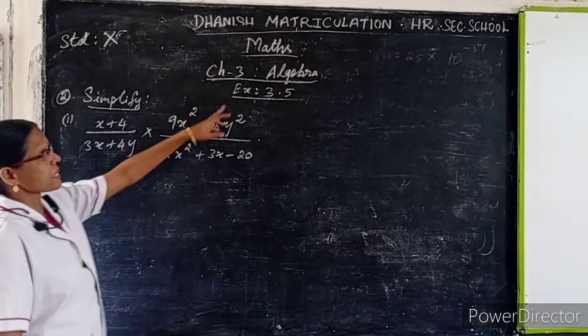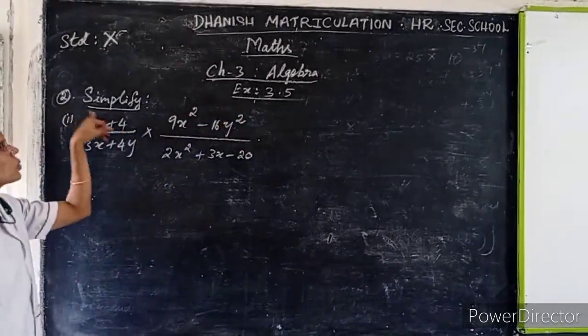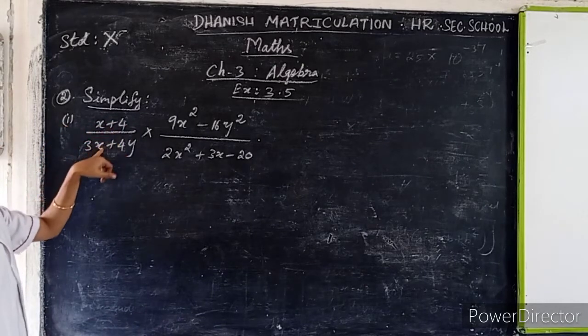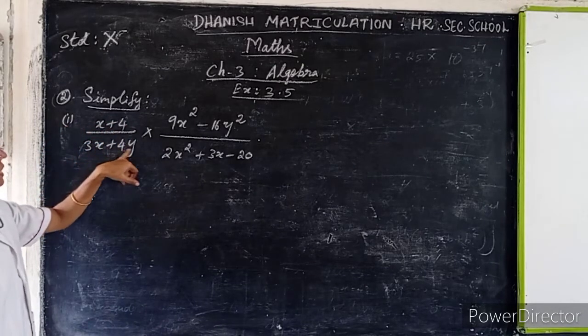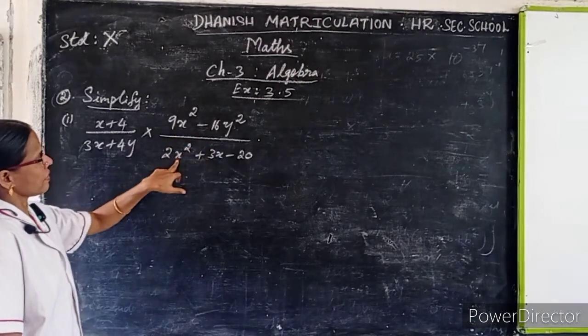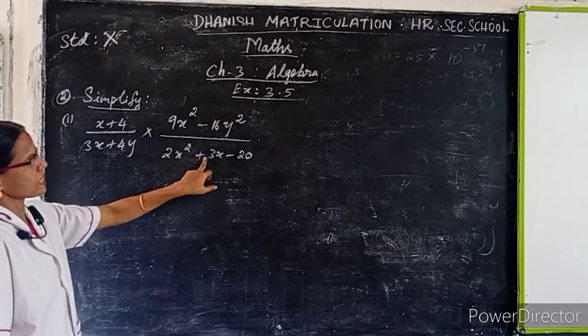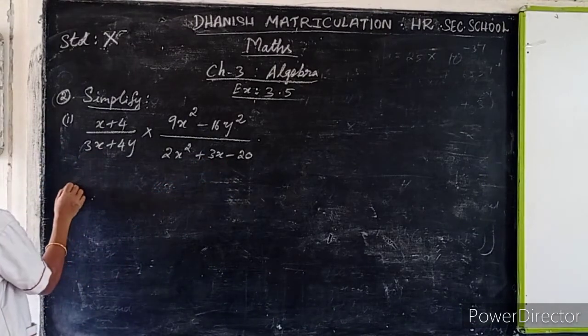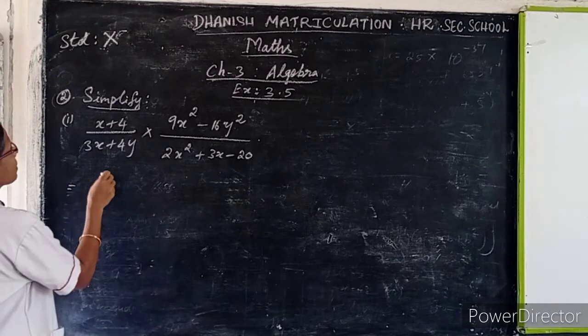Now from exercise 3.5 question number 2. Simplify. First subdivision: x plus 4 by 3x plus 4y into 9x square minus 16y square divided by 2x square plus 3x minus 20. So find the factors.